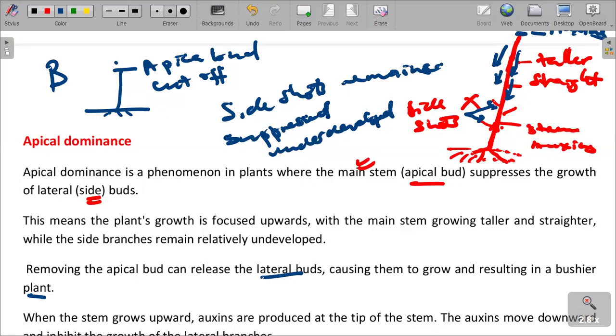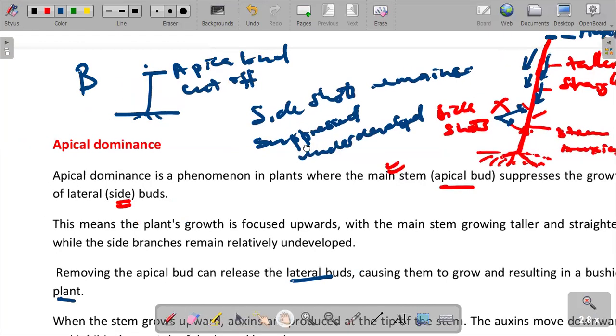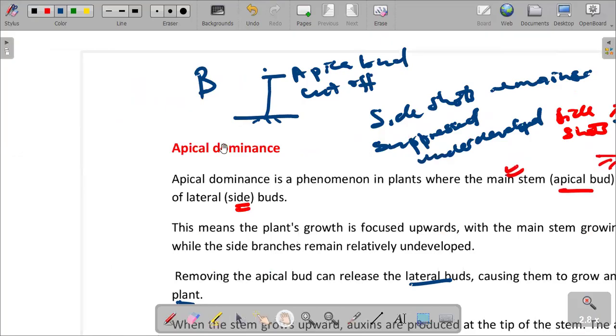To demonstrate this, we have that scenario where the apical bud is cut off, and then we have plant C. Plant C has many side shoots developing.